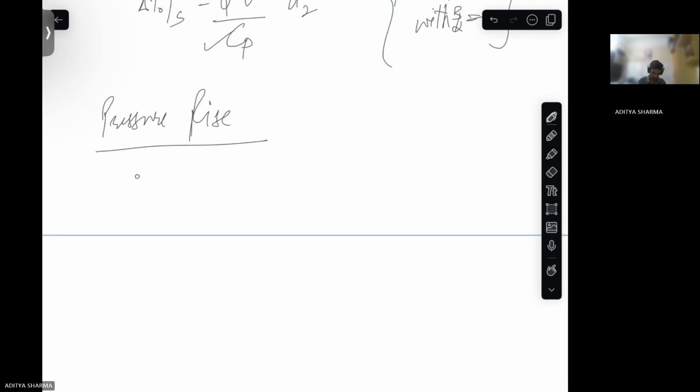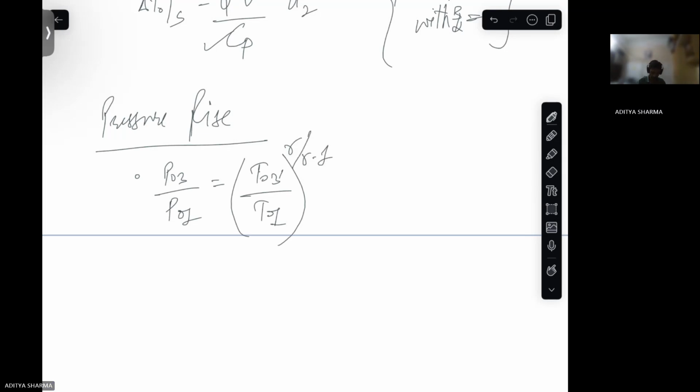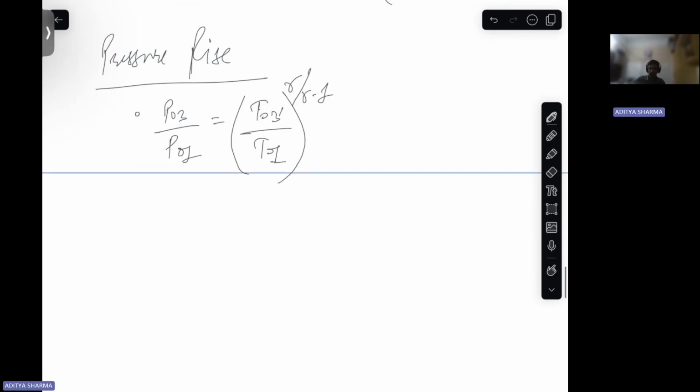Which will increase the efficiency of your combustion. That is why we are basically compressing air. So this can be calculated using this isentropic equation or relation, isentropic relation.